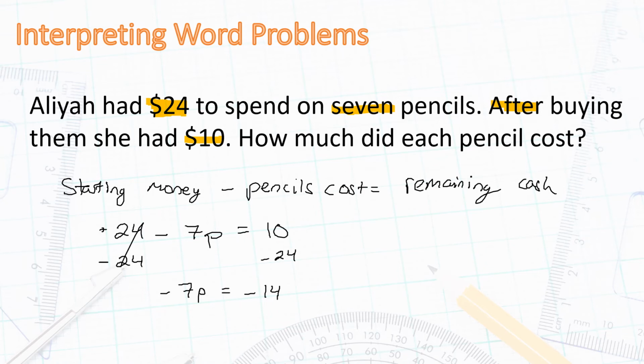We need to get p on its own, so we're going to divide by negative 7. Negative 14 divided by negative 7, two negatives dividing, means the answer is going to be positive. p is equal to 2. So that means a pencil is equal to $2.